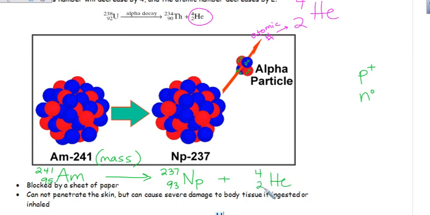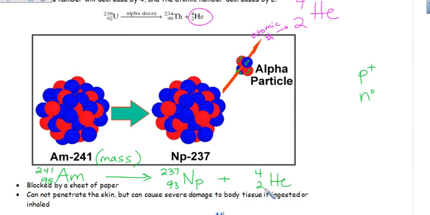Nuclear reactions are really not difficult. Look at this, it makes sense. All particles must be conserved in some way. In this type of reaction, this alpha decay, I'm not destroying any protons or neutrons. They are all accounted for on both sides. So americium started with 95 protons.